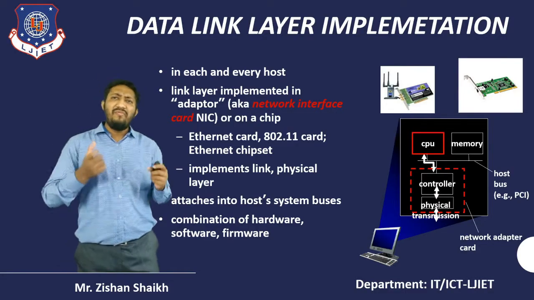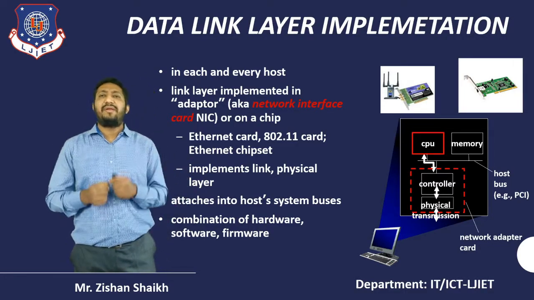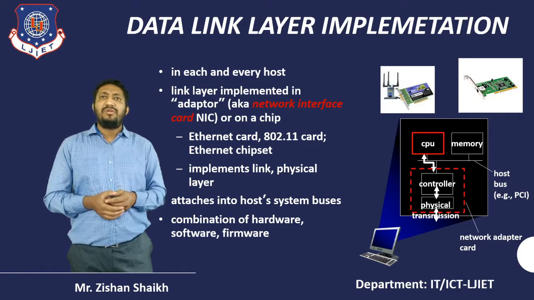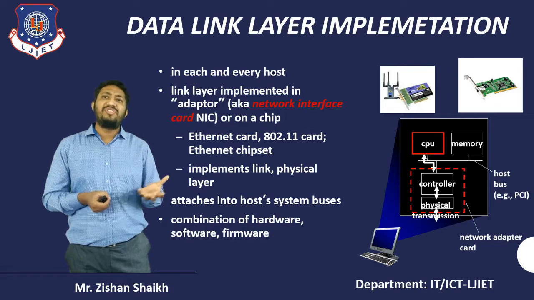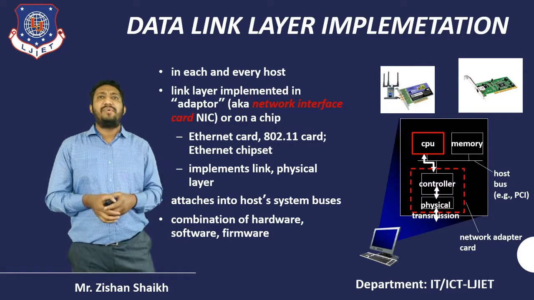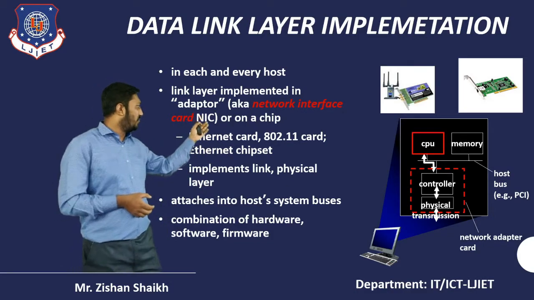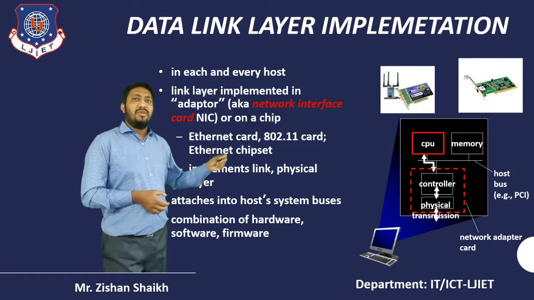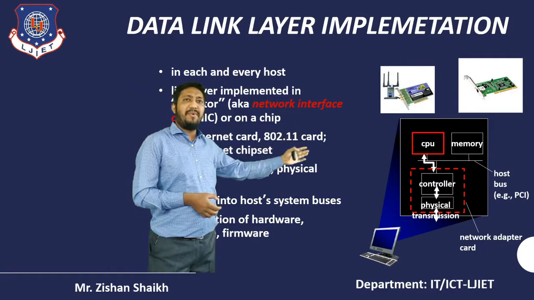Now, where exactly is the data link layer implemented in your machine? The motherboard chipset in our machine is an example of the link layer. Let's understand that using this diagram. Here the CPU is available in this chip, and memory is available.